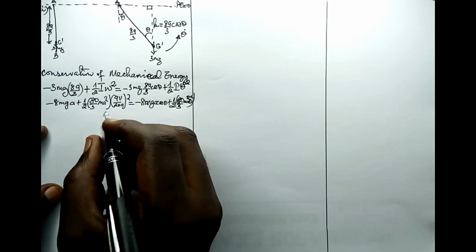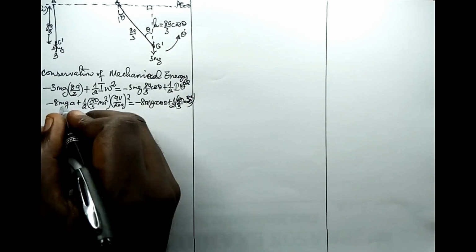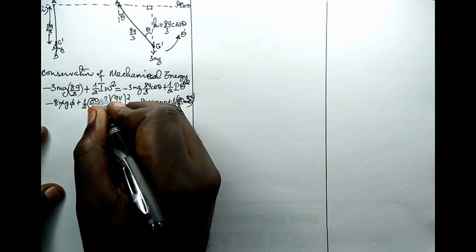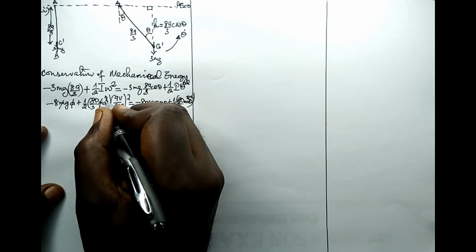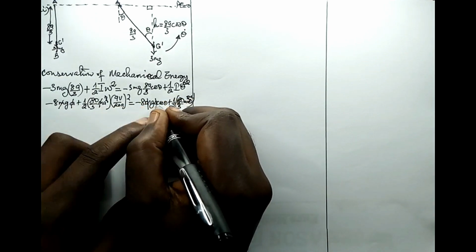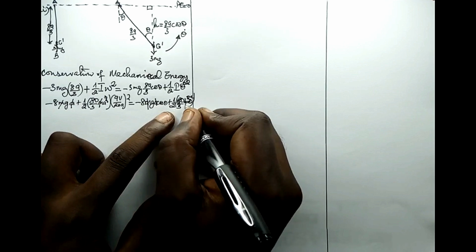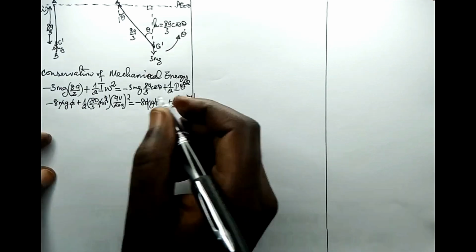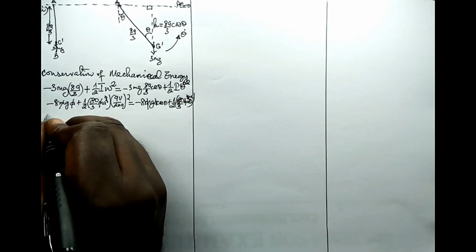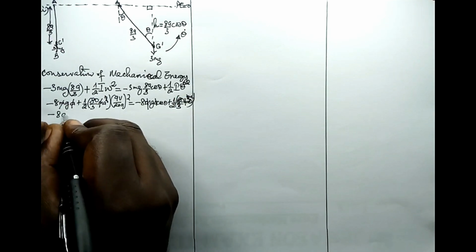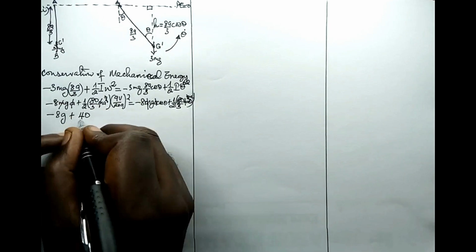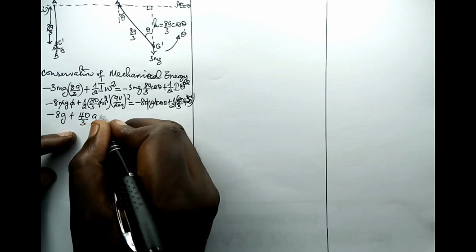And we can simplify things. M and the square of a will cancel. So I'm left with negative 8g plus half of 80 is 40 all over 3a.